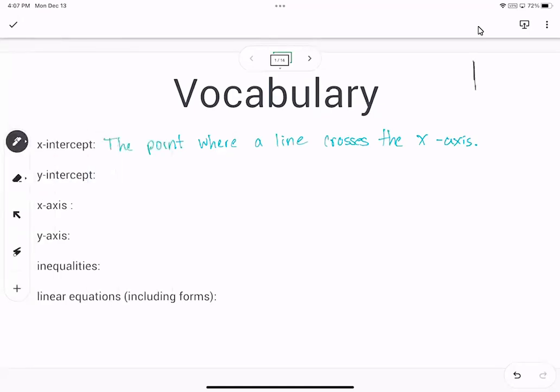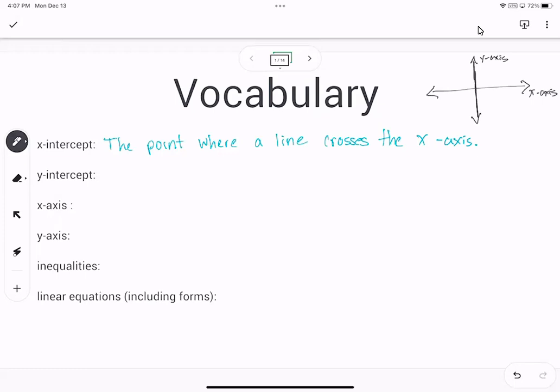here. Let's say this is our graph right here. Now let me make that a little more neat for you guys. So let's say this is our graph, this is our x-axis, this is our y-axis.